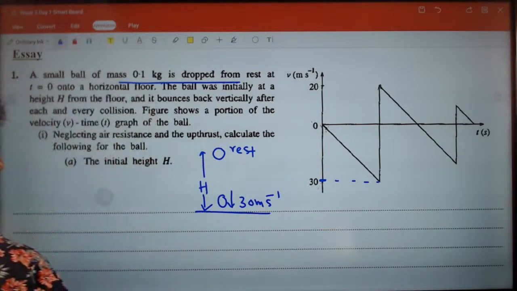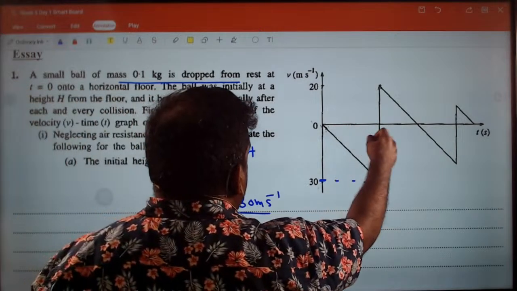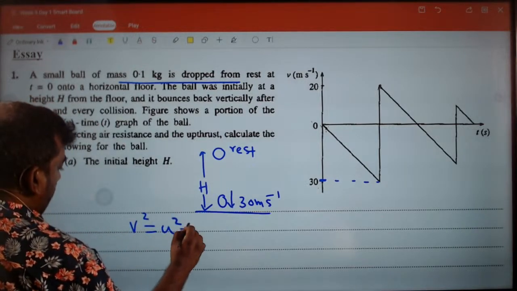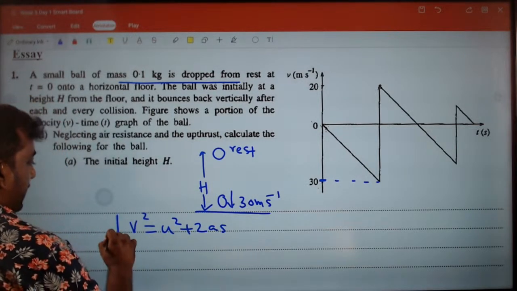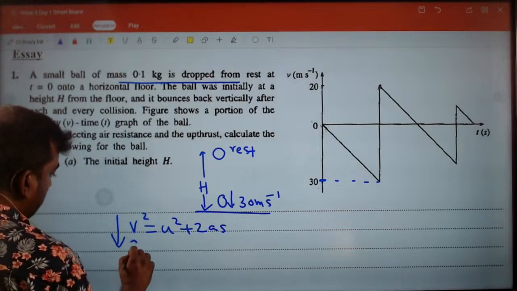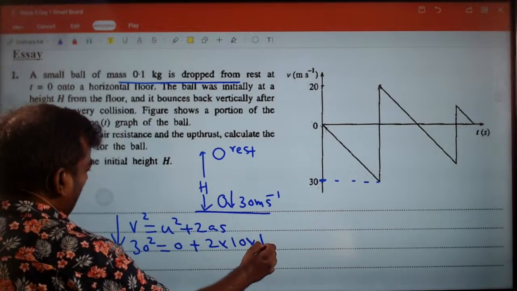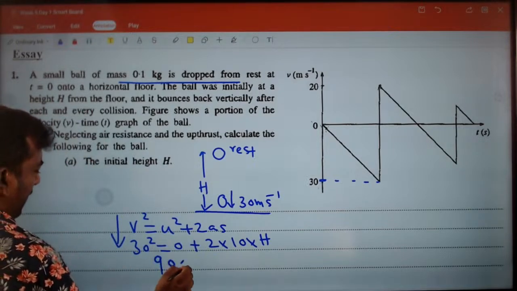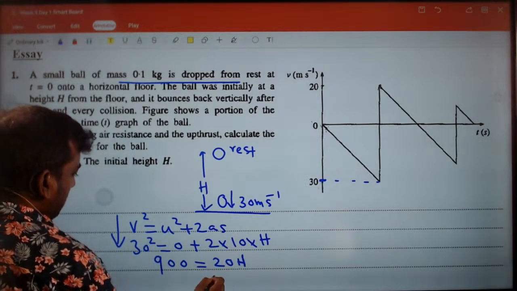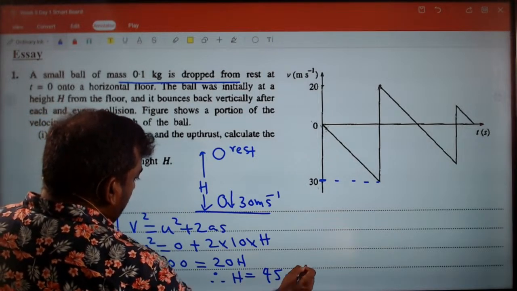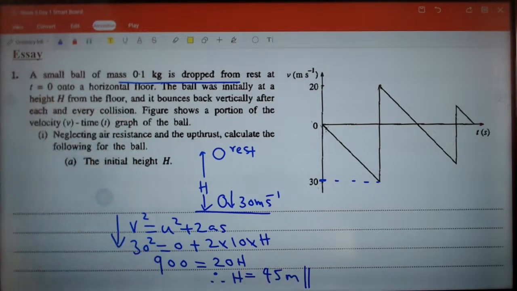What's the height? You can take the area under the graph or apply equations. V squared equals U squared plus 2AS vertically downward. Final velocity is 30, initially from rest, acceleration under gravity, into h. 900 equals 20h, therefore h is 45 meters.